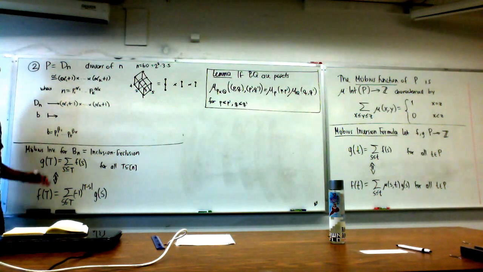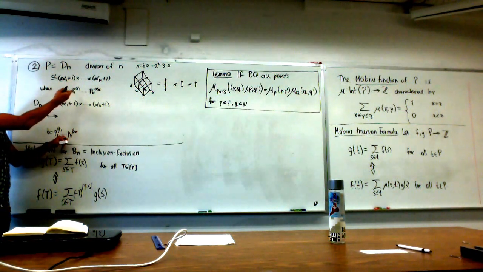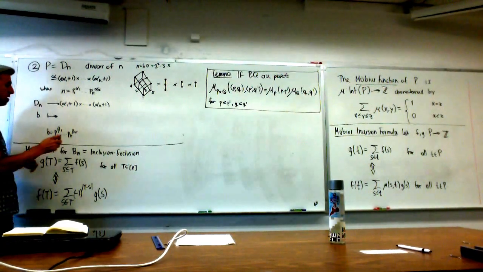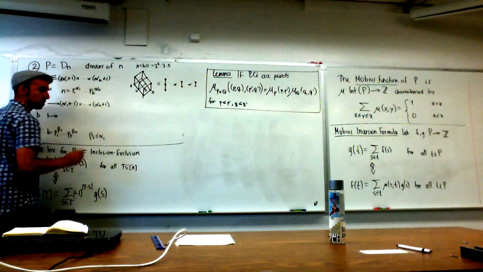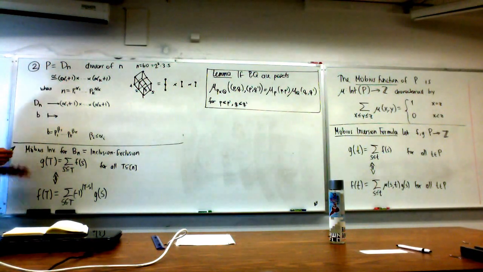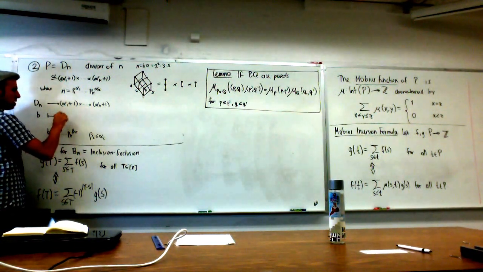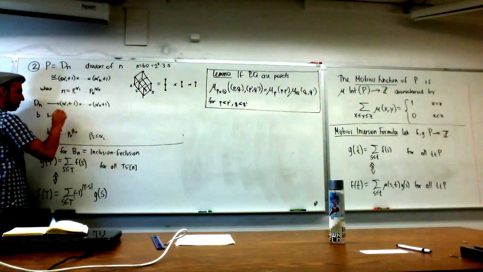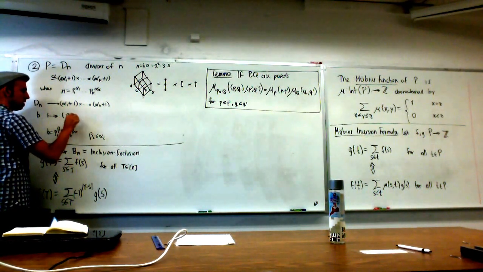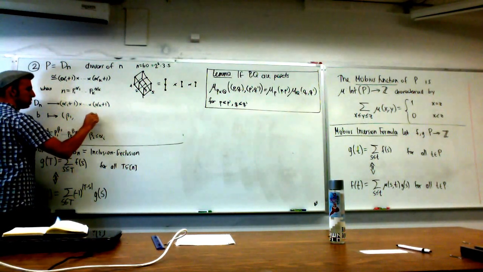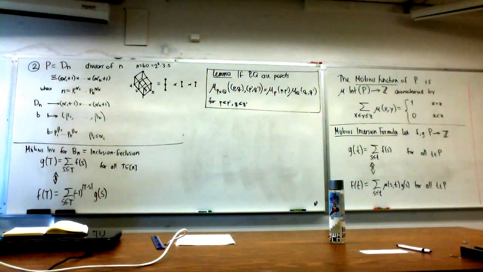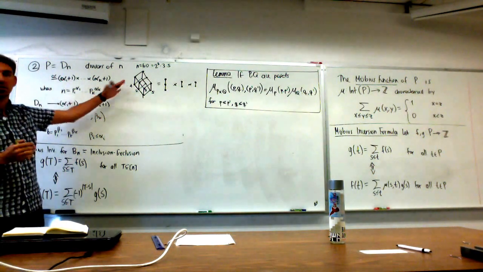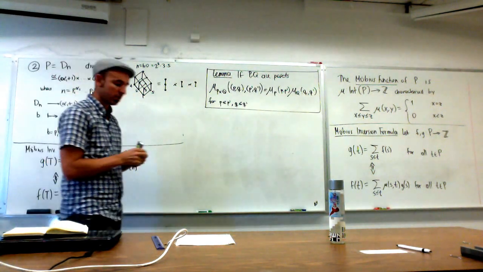It has to contain at most the same primes because it's a divisor. And each one of these exponents is less than or equal to alpha i. And so I map this to the vector beta 1 up to beta k. So for each divisor, I just say how many times each prime appears.